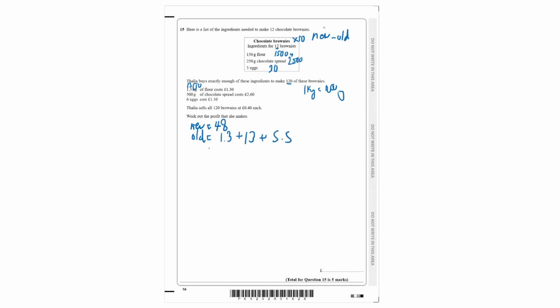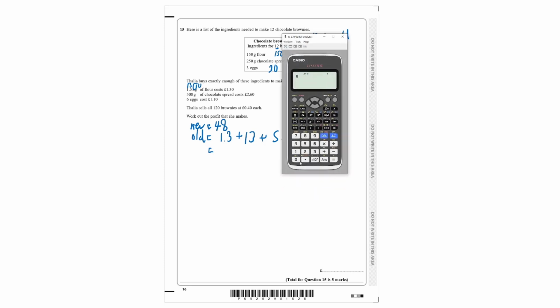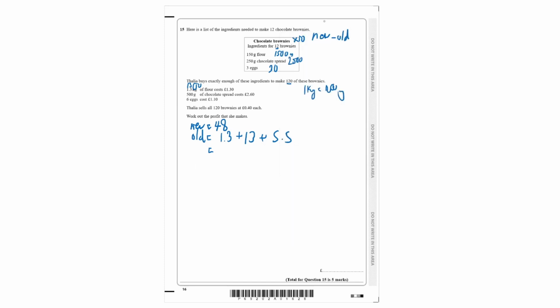5.5. We can then combine all of this. So we have 1.3 plus 13 plus 5.5 means she spent 19.8 pounds in order to create all the brownies. Now we can find what the profit is because we have new minus old. So profit is equal to new minus old.